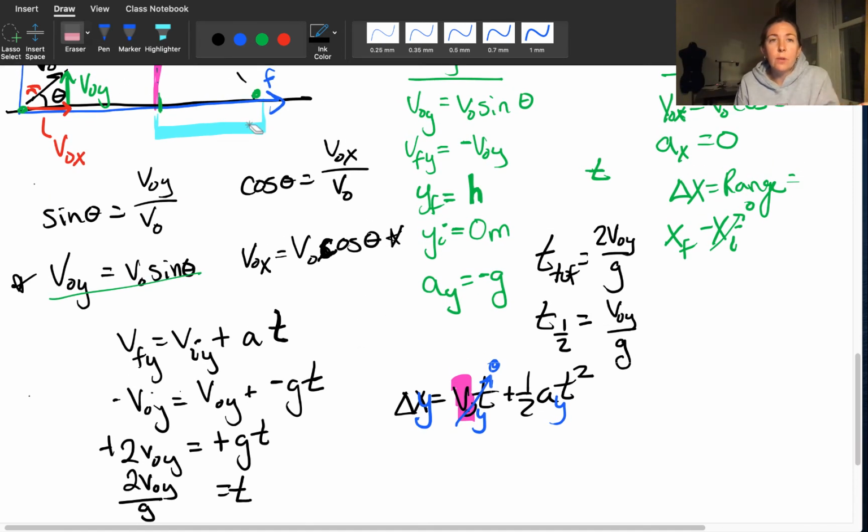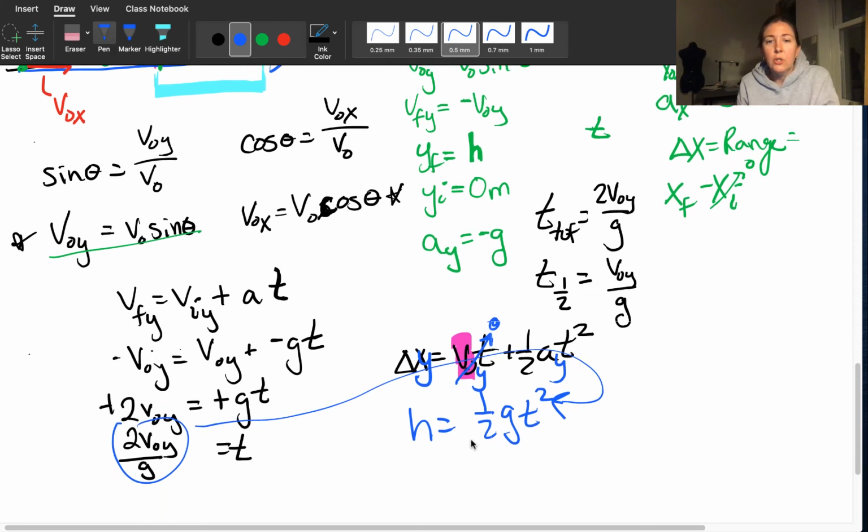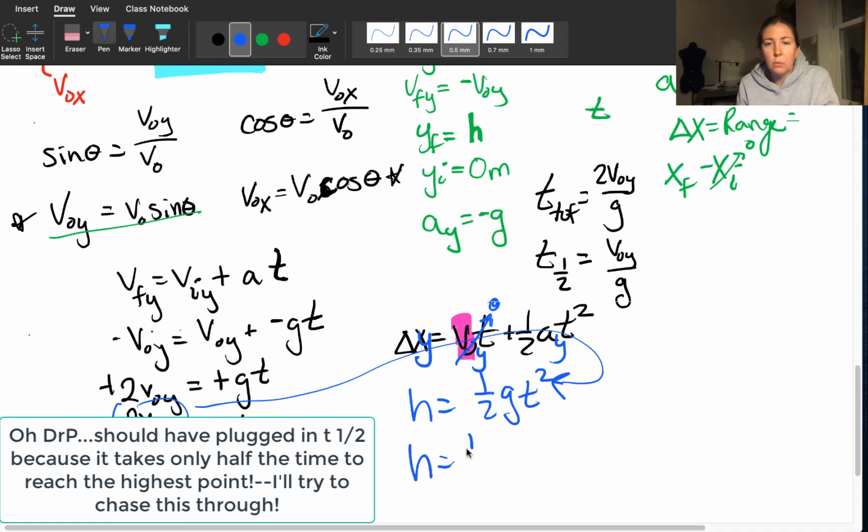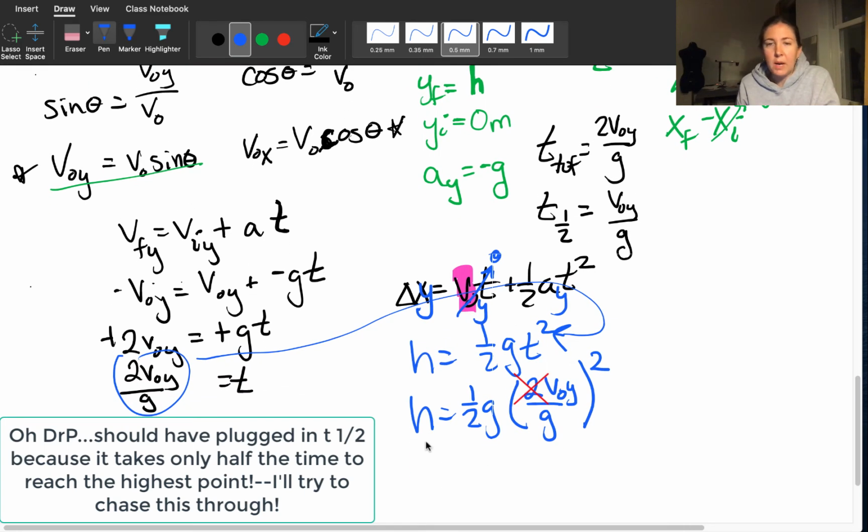So if I'm solving for the height, then the height is just 1/2 gt squared. Remember, this would be negative h and negative g, and they'll cancel. So I can just take this here and plug it in for my time right here. So the height is going to be 1/2 g times 2 v naught y over g, squared. There's some math here, right?